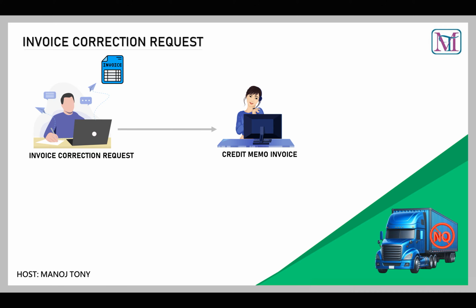Then the business will refund the amount to the customer if it is overcharged. If it is undercharged, then the business will charge the amount to the customer, and the customer will make the payment to the company. If it is overcharged, then the company will make the payment to the customer. The company will refund the amount to the customer.